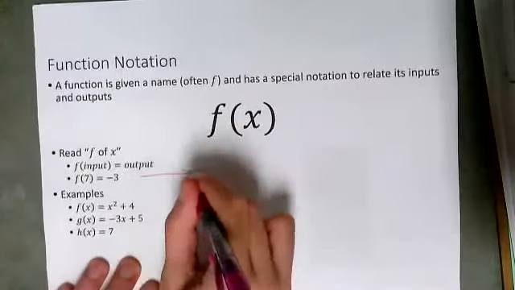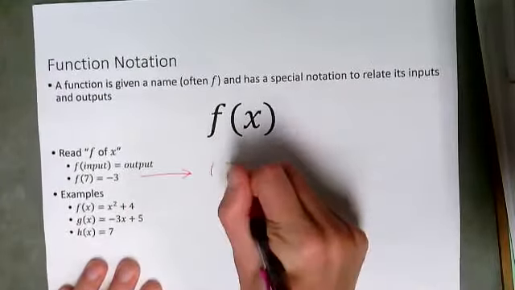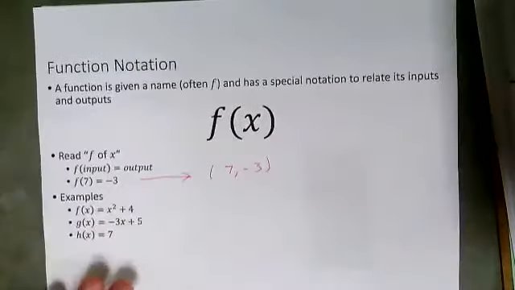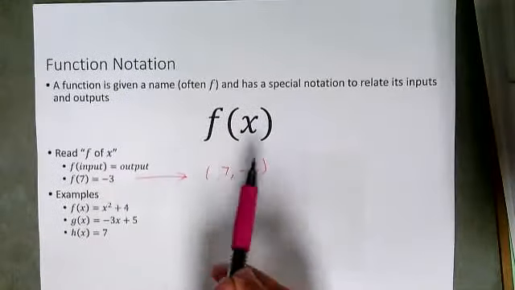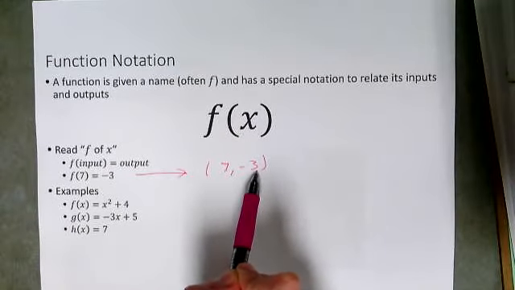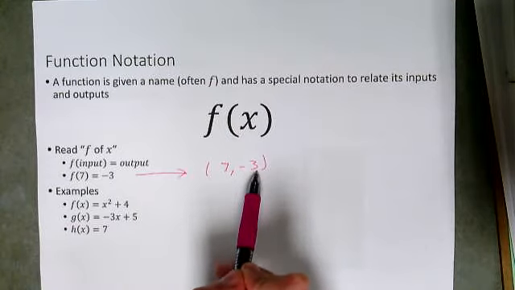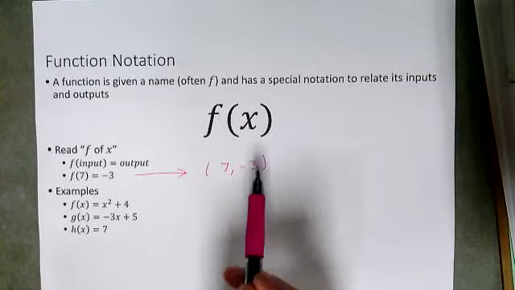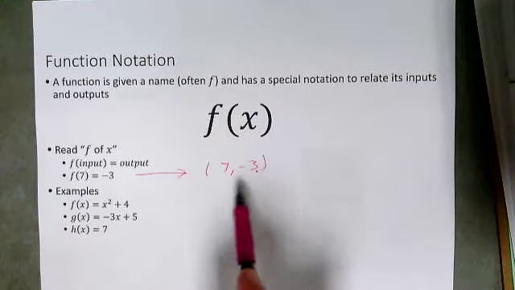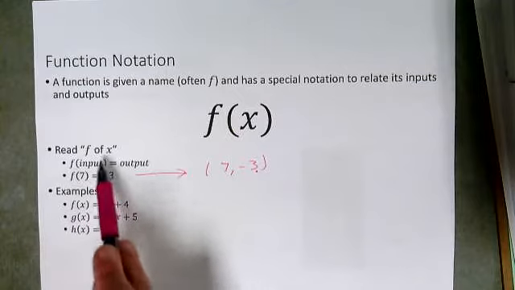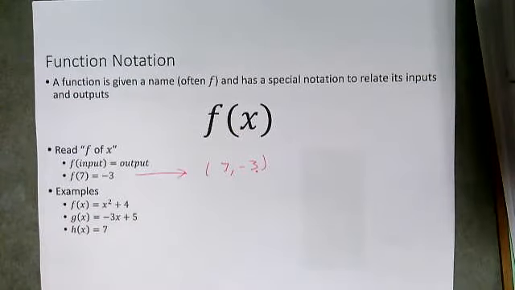This is the same thing as the point (7, -3). So if x is 7, then -3 is your y value. If x is 7 and y is -3, this is some point (x, y). This is your corresponding function interpretation for that.